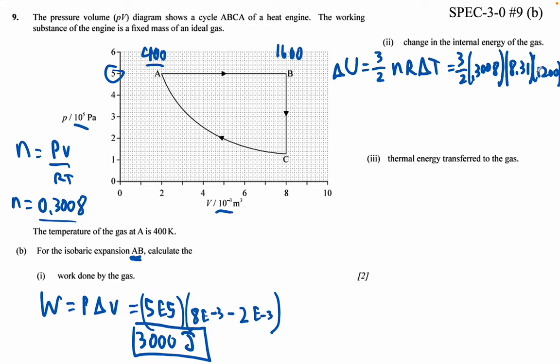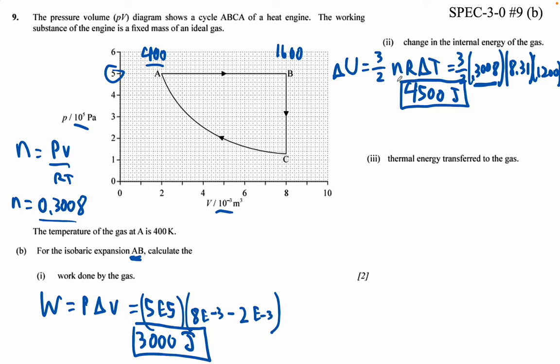So let's try that: that number times 3 divided by 2 times 8.31 times 1,200. I get 4,500, which is a strangely round number for using this, and that's the correct answer.